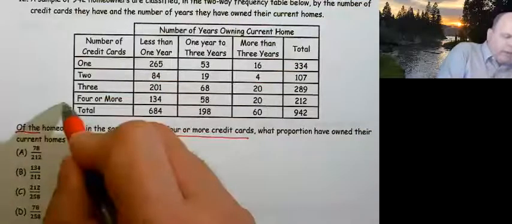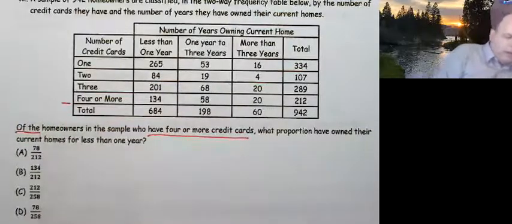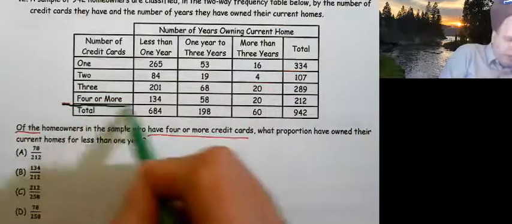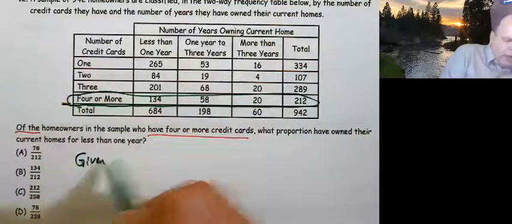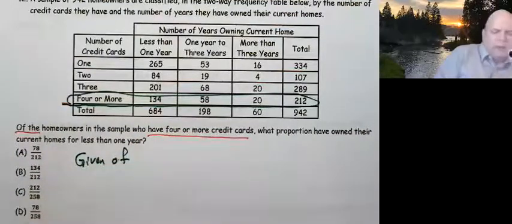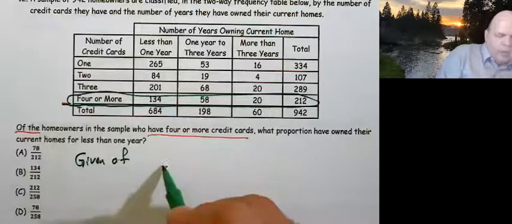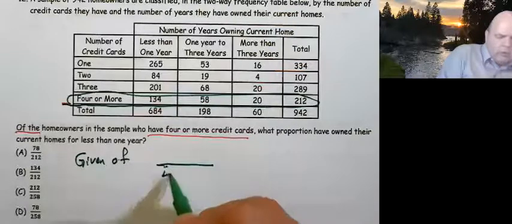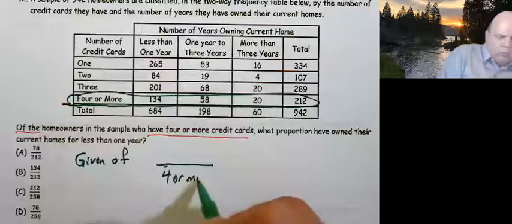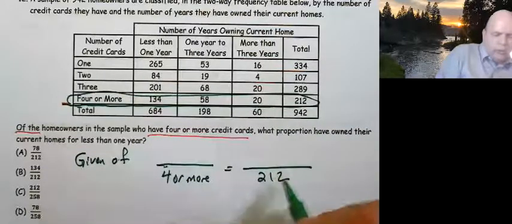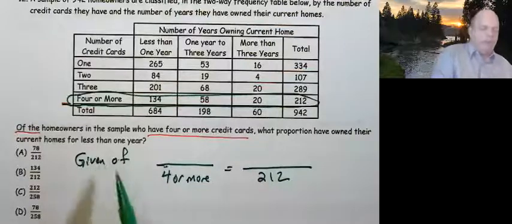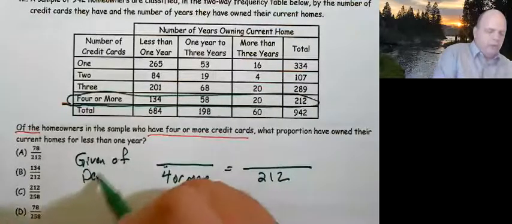So we're looking at this group. Is given and of our denominator words. So we know that we want 4 or more here. And that is 212, because given and of are denominator. Please do not forget that.